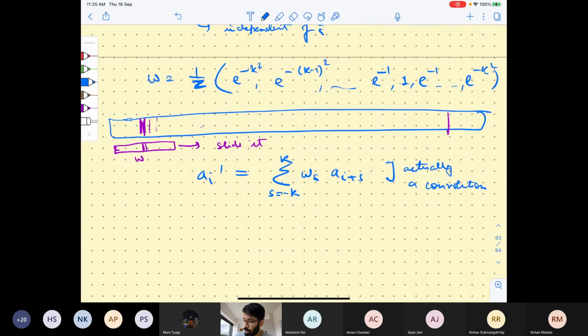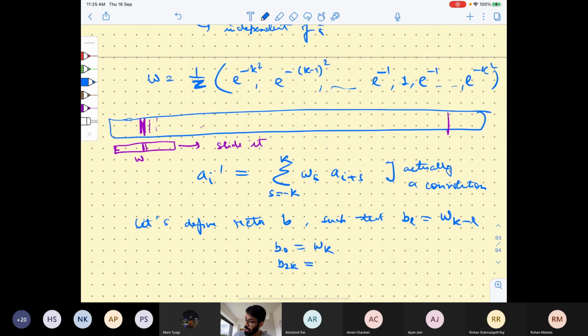To see it as a convolution, we just need to rename things a bit. Okay, so let's define a vector B such that B l is equal to W k minus l. So basically, B is going to be the reverse of W, right? So B0 is going to be W k, and B 2k is going to be W minus k.